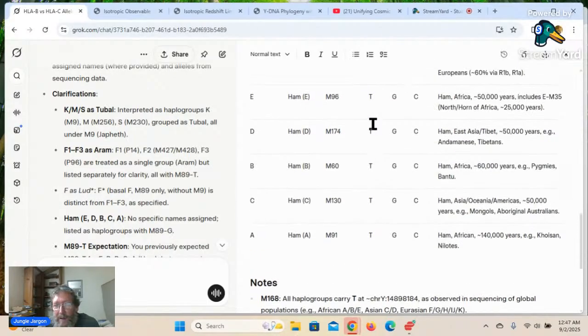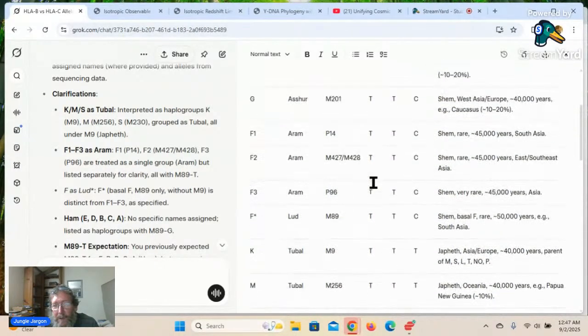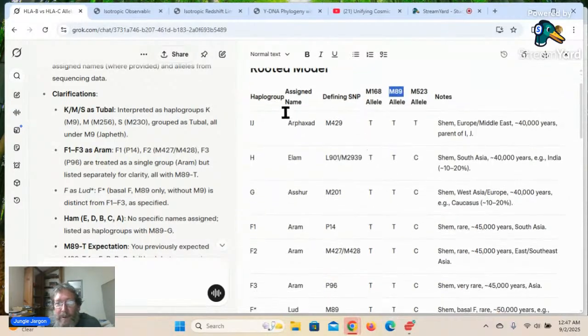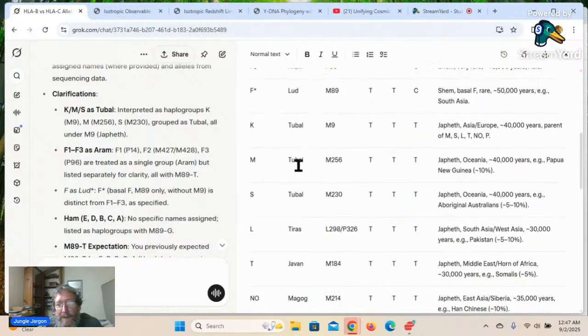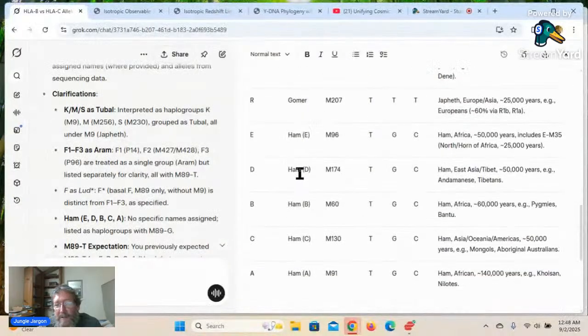Because now, according to this, he's got the same alleles all the way through to A. According to the McGrock just looked up, that made sure all the alleles are correct. But anyways, for whatever it's worth, that's where it is. All the descendants of Shem, the descendants of Japheth, descendants of Ham.